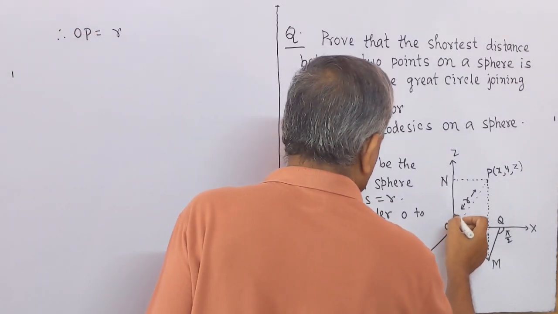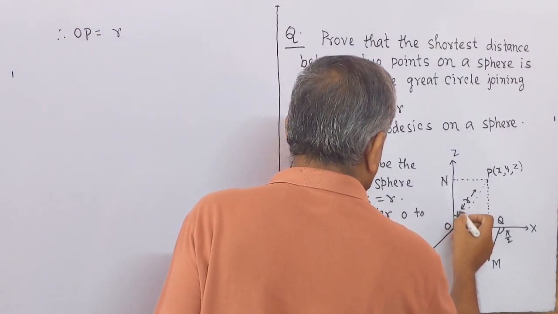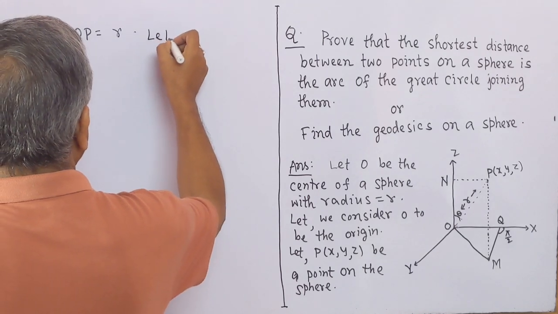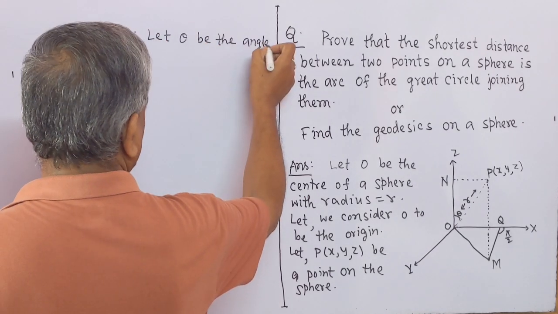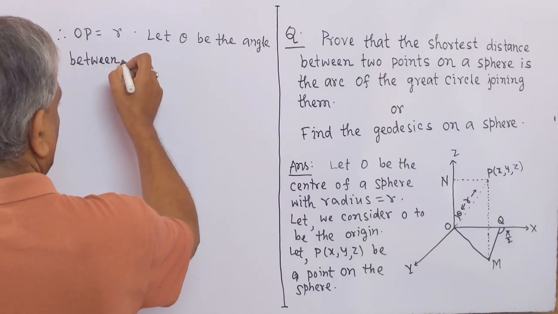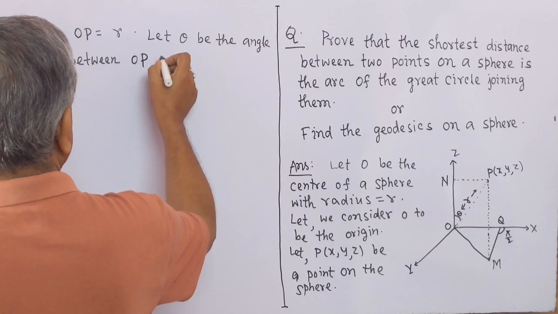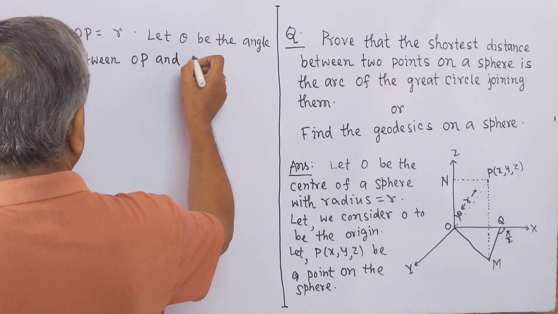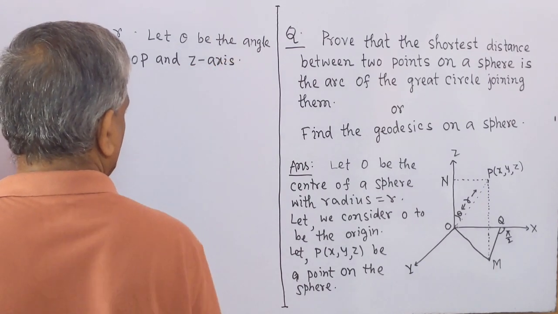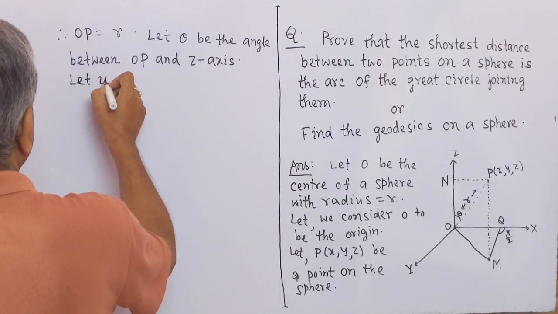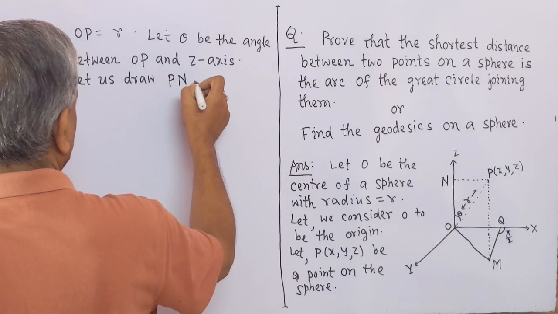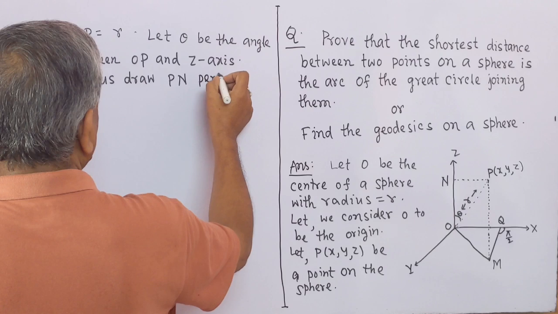Let theta be the angle between OP and Z axis. Let us draw PN perpendicular to Z axis.